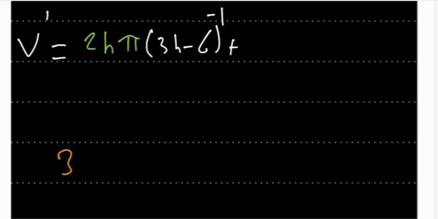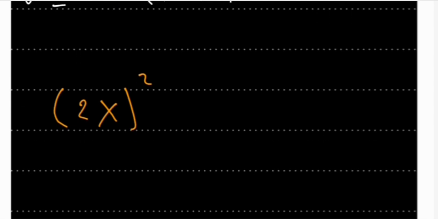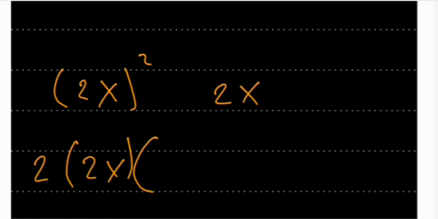Look, let's say you have 2x plus 1, actually 2x squared. What is the derivative of this over here? It will be 2 multiplied by 2x and then multiplied by the derivative of this inside. The derivative of just 2x is equal to 2.